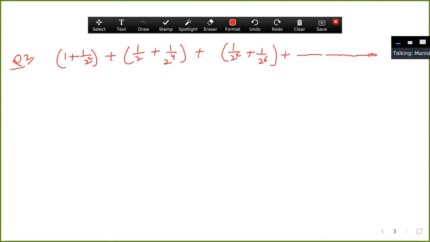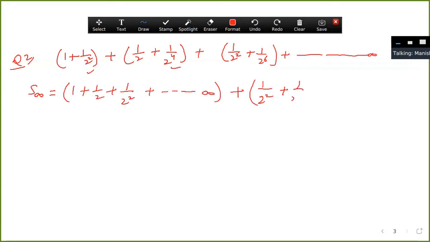If you simplify this question, you can write it after rearranging the statement like this. You can collect the first term of each group in a first group, up to infinity. Plus sign is there. The second term of each group you collect in the second group, up to infinity.